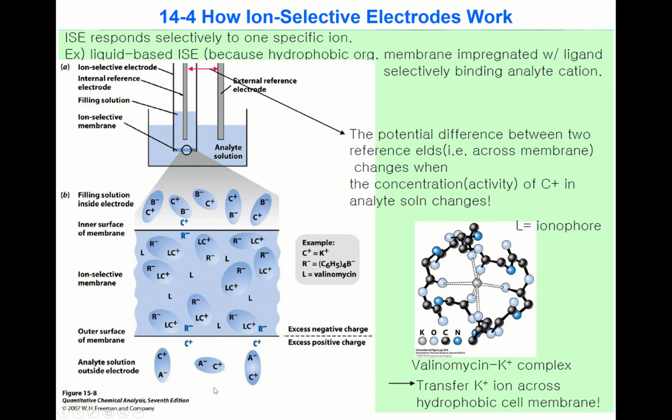You want to measure the concentration of this cation. So you have to have the same cation in the internal solution, the filling solution here. Although the anion is different, the cation is the same.